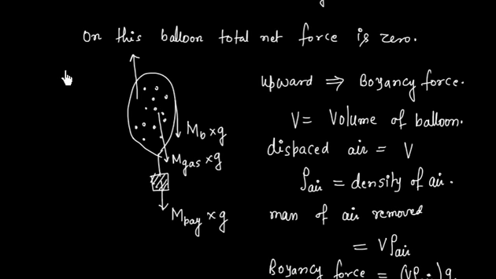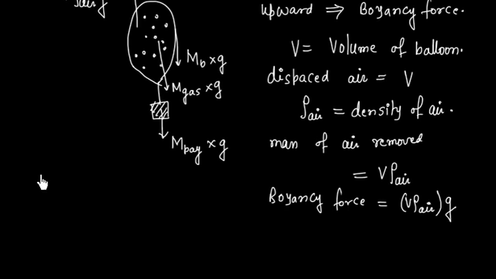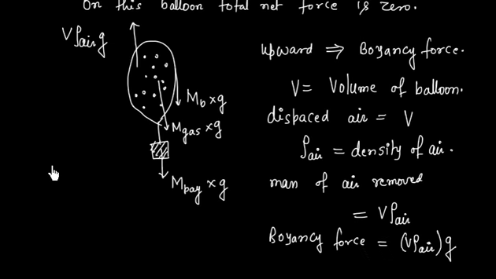So we have an upward force, that is V times rho air times g. Now since this balloon is going with a constant velocity, F external is 0. So we will have upward force equal to downward force.